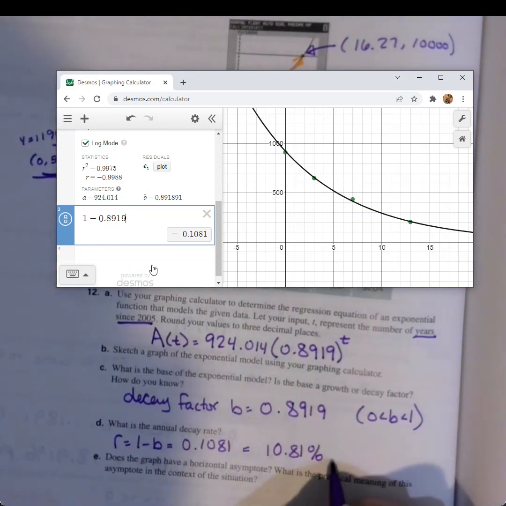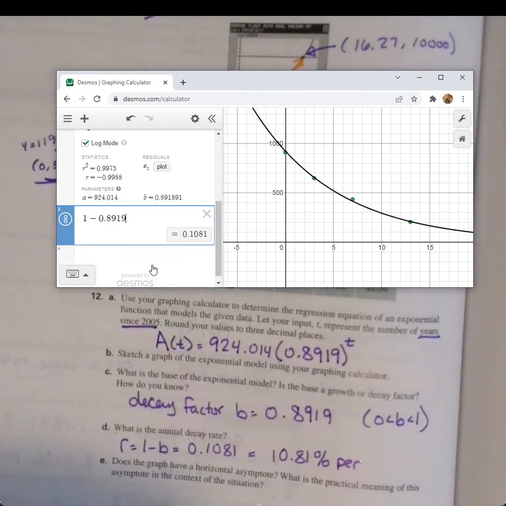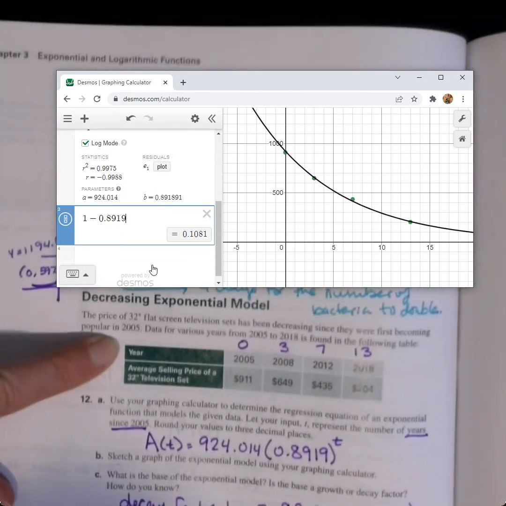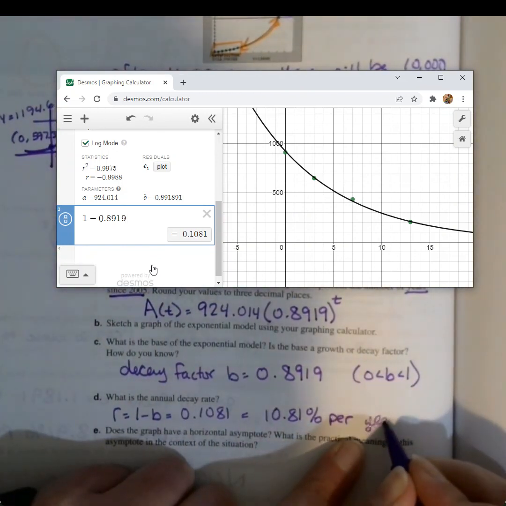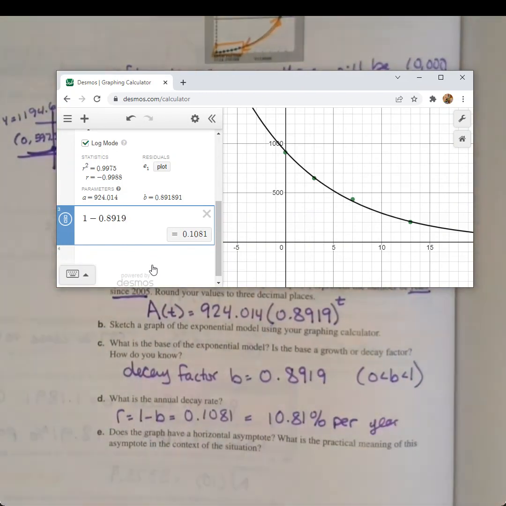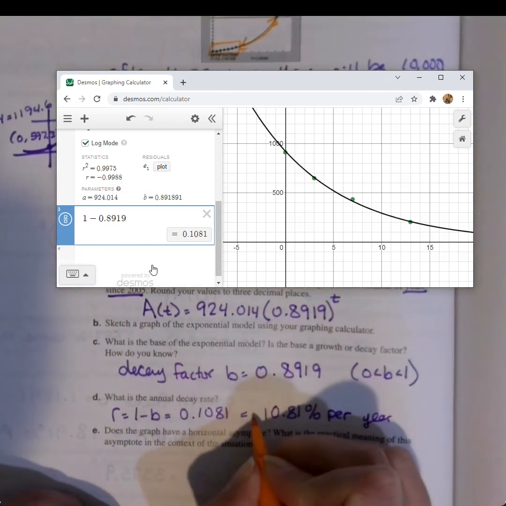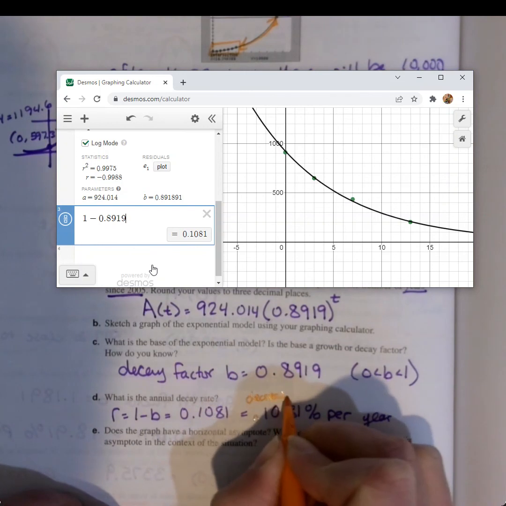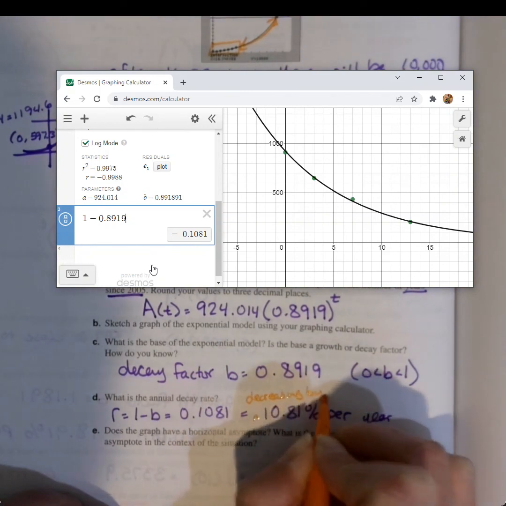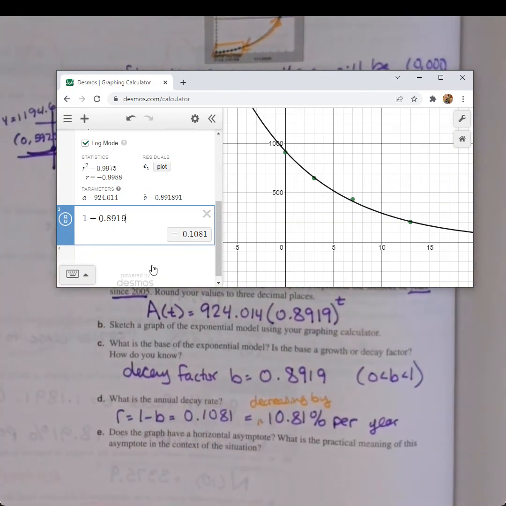And then I should put per something here because rates are always per whatever the units on the input are. In this case, year. So I'll put year. And just for some extra words here, I can say this is a decrease because I know the decay factor. So we're decreasing by 10.81% per year.